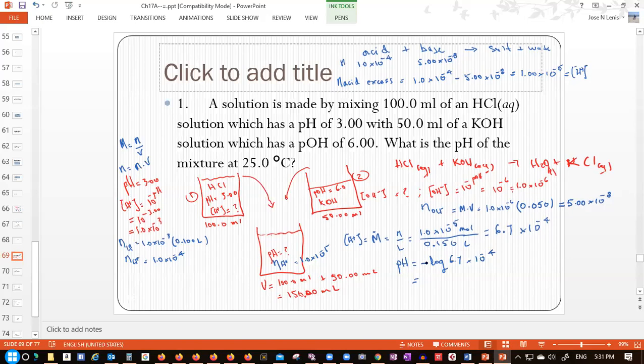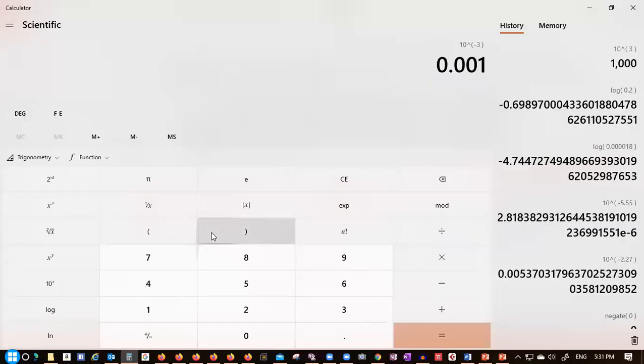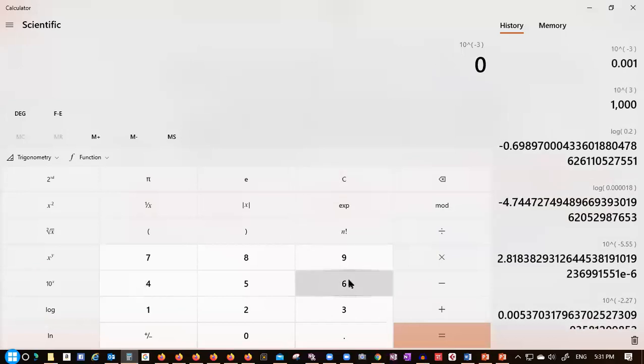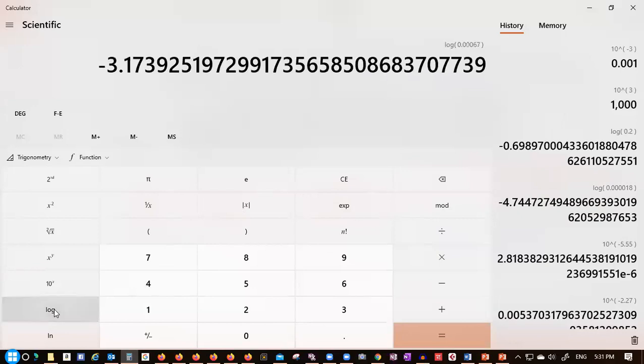All right, so let's find the pH. Let me show you again. 6.7 times 10 to the negative 4, right? So we write 6.7 exponent negative 4. And we take the log of that. And that's going to give a negative number, but since we have a negative log, it will change.